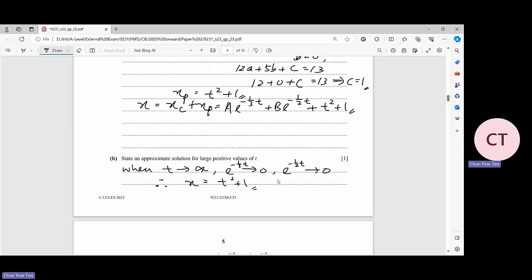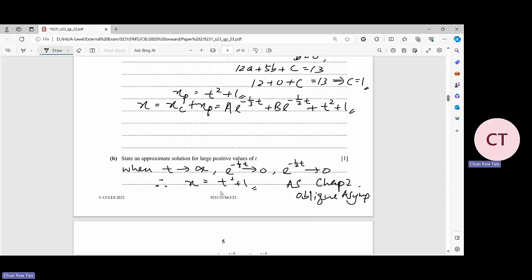Okay. Now, to highlight to you that the mark scheme only accepts equal. That means if you write x approaching t squared plus 1, they are not going to accept it. Okay. So this one is something similar to the oblique asymptote. If you still remember our AS syllabus, chapter 2, the oblique asymptote, the idea is the same.